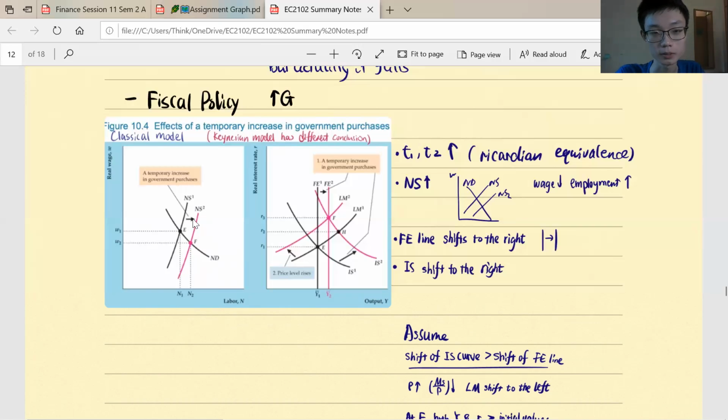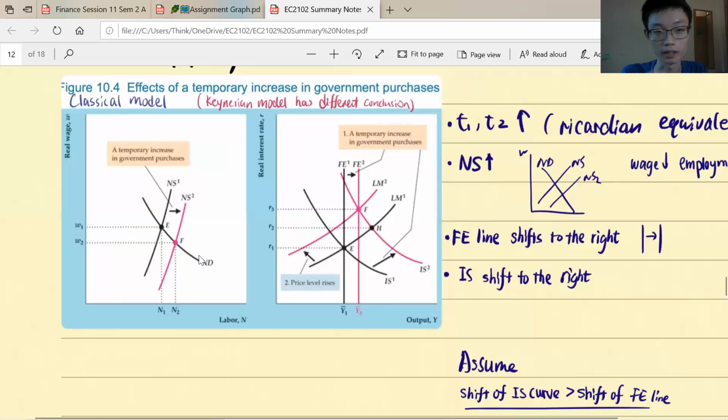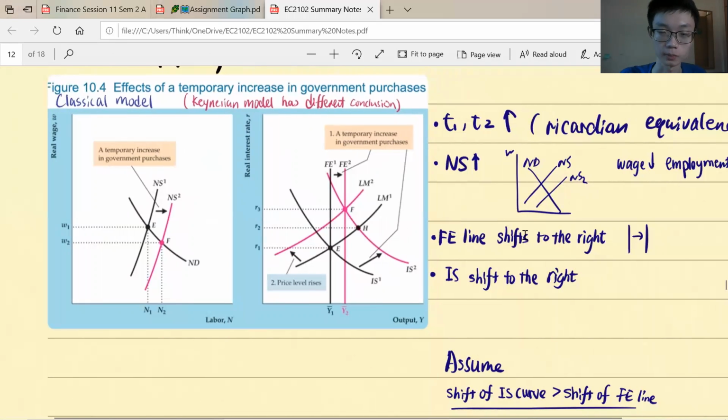So after labor supply increases, it's going to lower the wage, from W1 to W2 here, but increase the labor supply. So the FE line, since we have more labor supply, we have more output. Remember, more labor supply, more output.